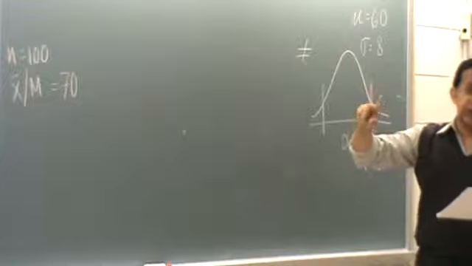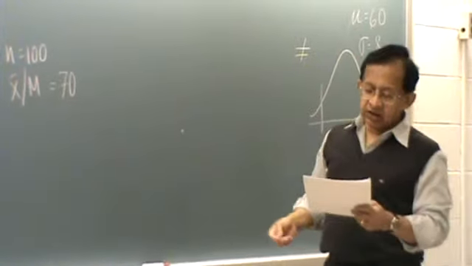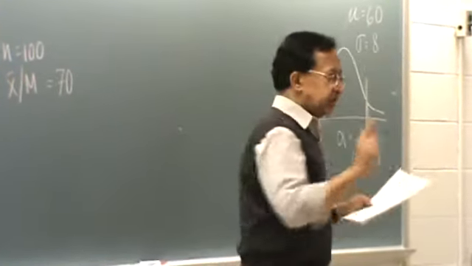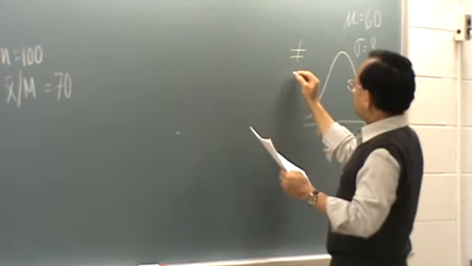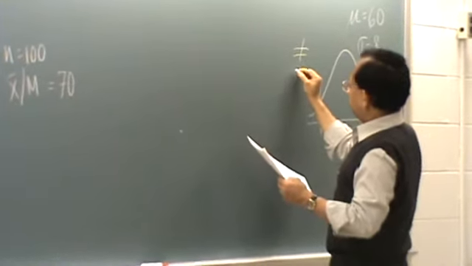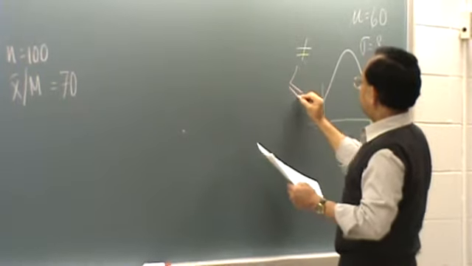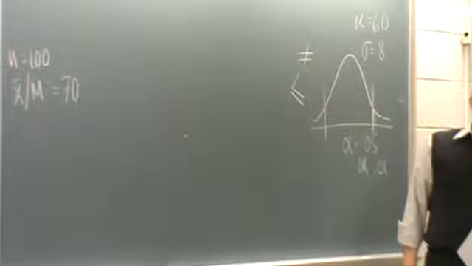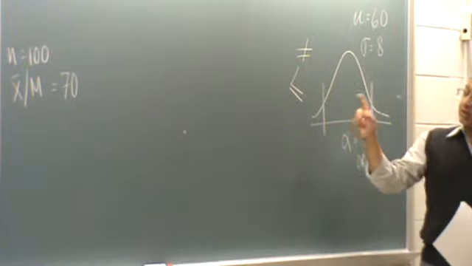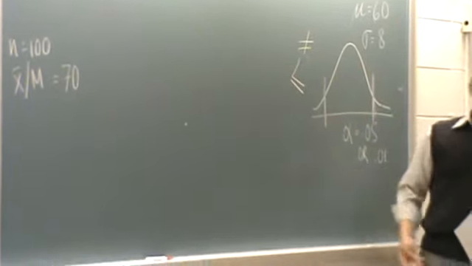But if it is given a direction, then it will be a one-tail test, depending on what kind of direction is given. For example, if it is given this kind of direction, which tail of the normal curve are you looking at? The left tail.